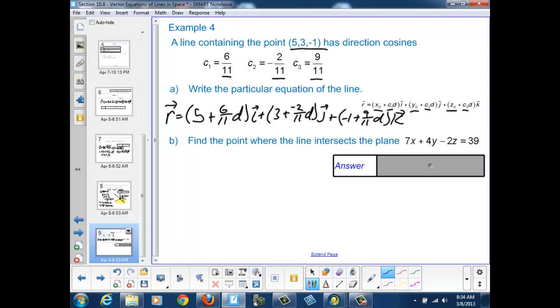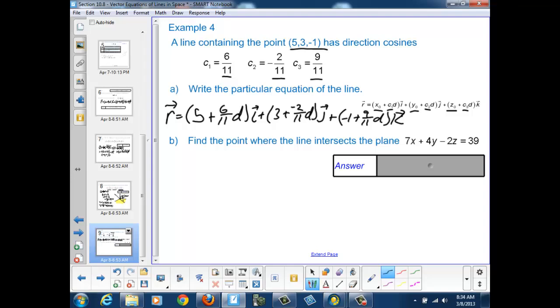Now, to find the point where the line intersects the plane 7x plus 4y minus 2z equals 39, I have to think about the fact that this r expresses any point on the line, and here I have my equation for the plane, so I need to know when they are the same.